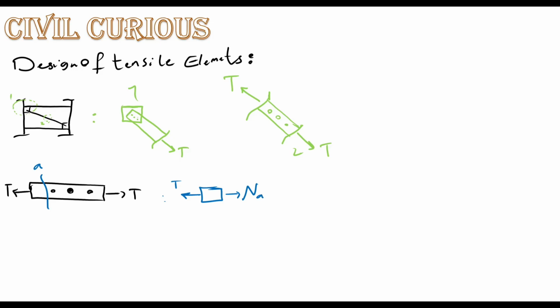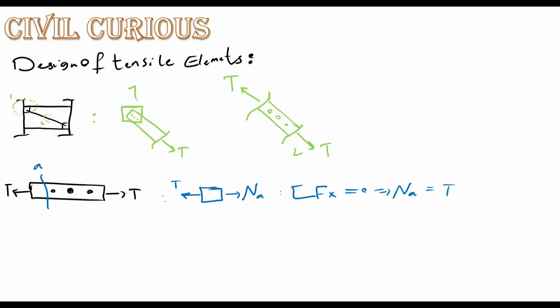And let me write the equilibrium equation, which is sigma of Fx is equal to 0. This is the equilibrium equation that we have. The axial force of A is equal to T.